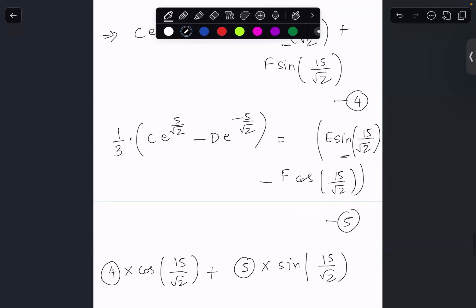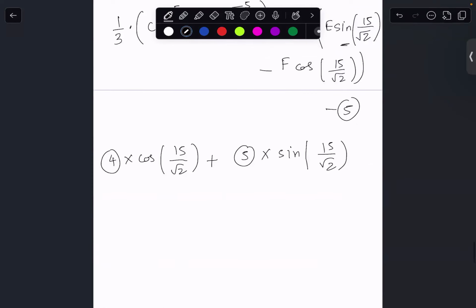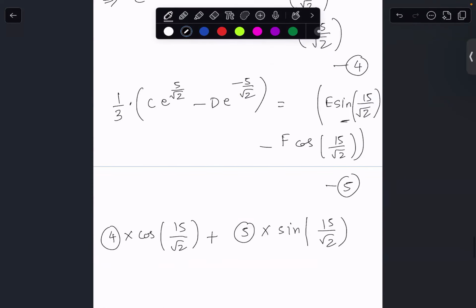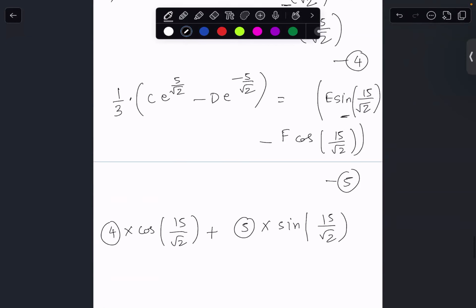So now we have both the coefficients of both E and F on the right hand side as 1. Now let's call this revised equation as equation 5 and this equation as it is as equation 4.